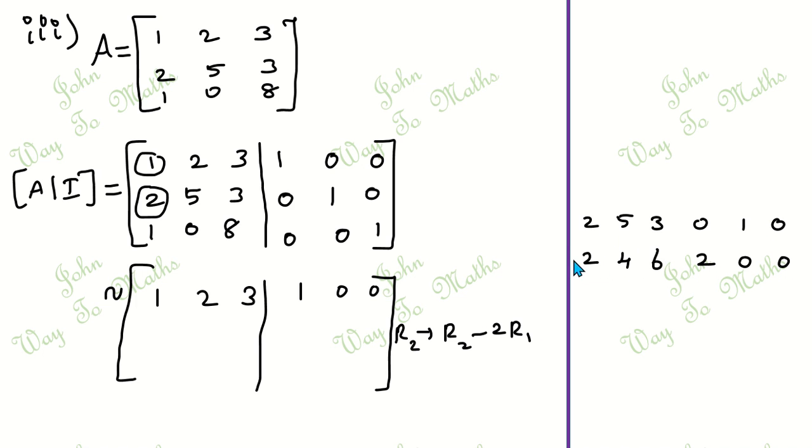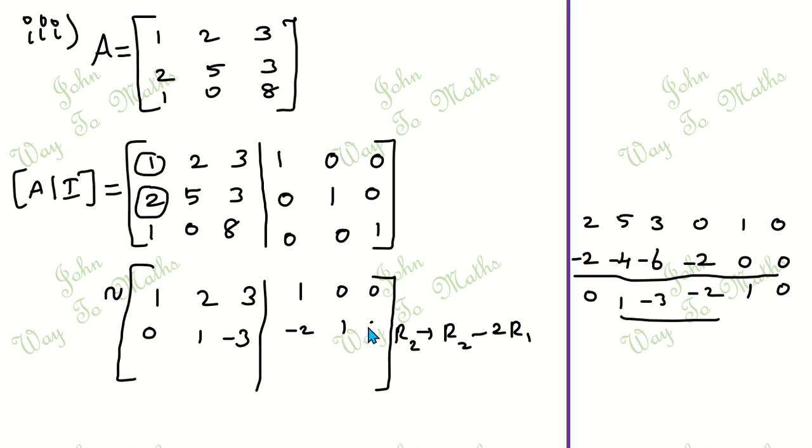Subtracting, we get 2 minus 2 is 0, 5 minus 4 becomes 1, 3 minus 6 becomes minus 3, then minus 2, 1, 0. So we enter 0 1 minus 3 minus 2 1 0.